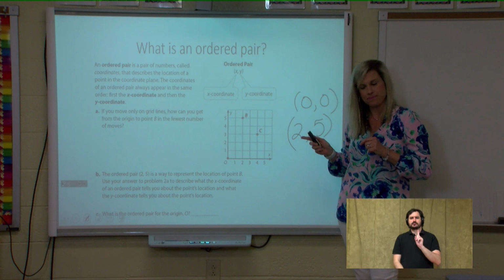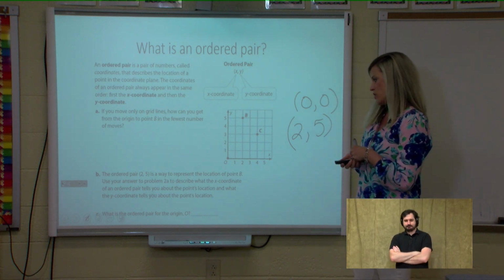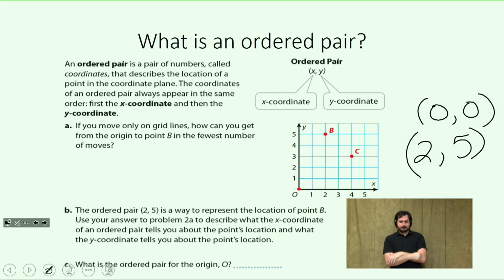And now I'm going to ask you, where is C? I want you to look. Where is C? Remember, you start where? At the origin, that's right, which is 0, 0. Do we go over on the X-axis first or up on the Y-axis? Yeah, we go over on the X-axis first. That's exactly right. So we're going to start here at the origin at 0, 0.